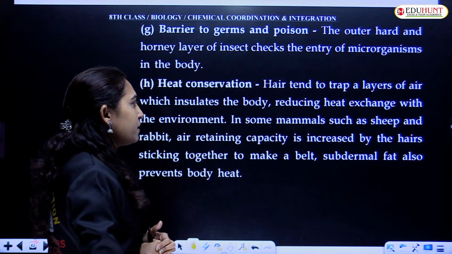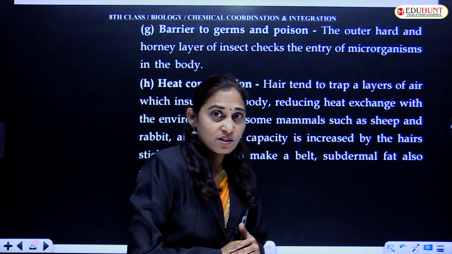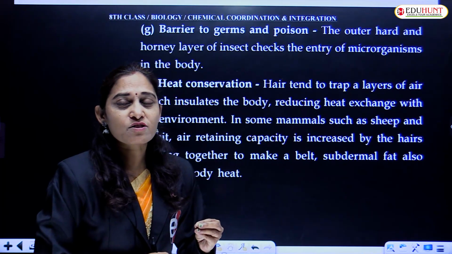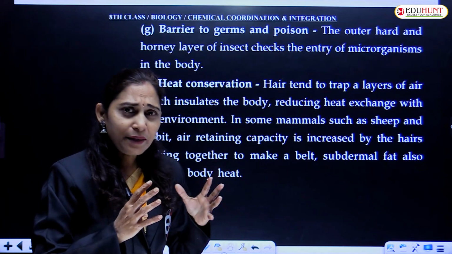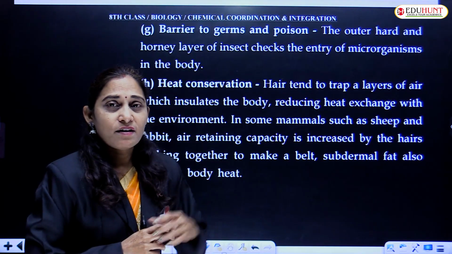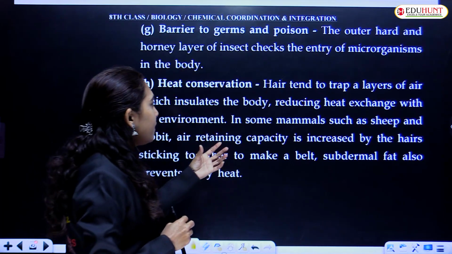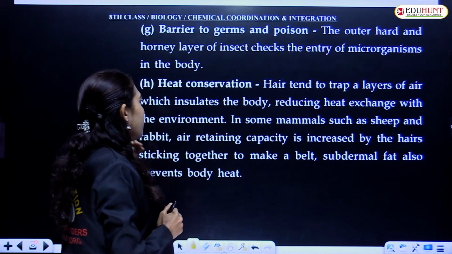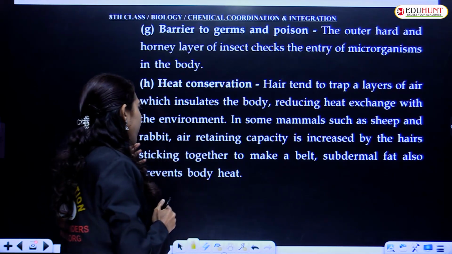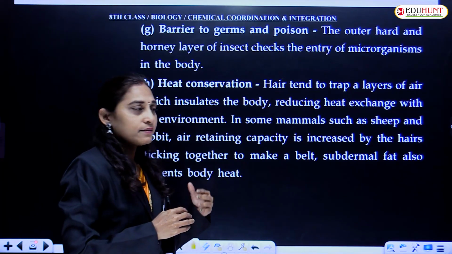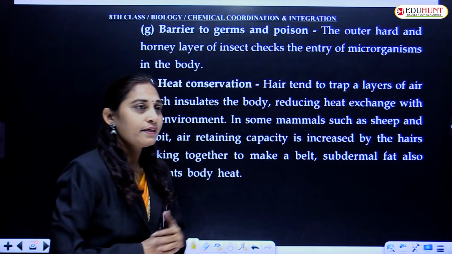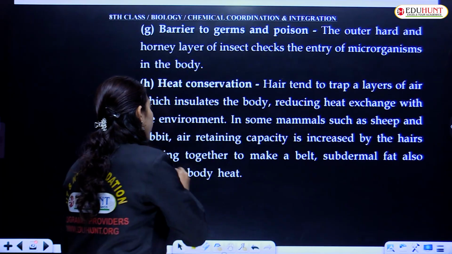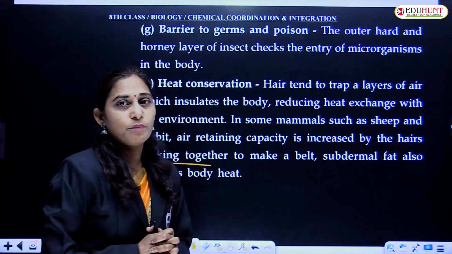In some animals like mammals such as sheep, and animals living in polar regions, they develop fur, which is again like hair. They develop fur like sheep and rabbit, with air retained in that fur or hair, and the hair even sticking together to make a belt.